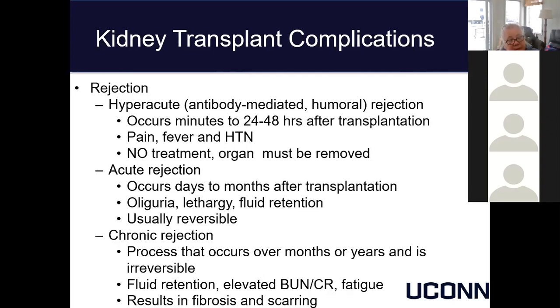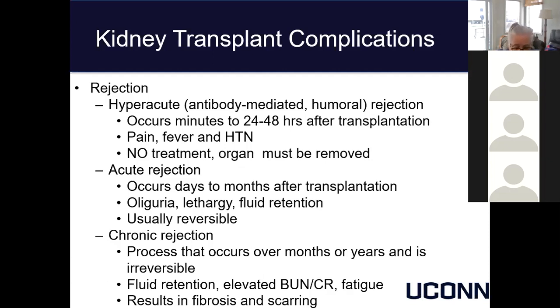It becomes irreversible at some point in time, but so long as the scarring is not too significant in the kidney, it will continue to function, sometimes at a decreased level. Again, there's usually a lot of interaction between the immunosuppressive therapy, and that could become a moving target.